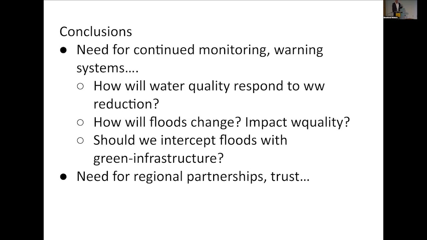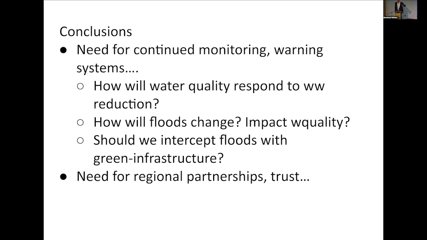So, there's a need for continued monitoring and warning systems. We need to understand how water quality along the coast will respond to the forecasted reductions in wastewater from the new efforts to treat the wastewater that's currently in the river and at Punta de los Buenos.